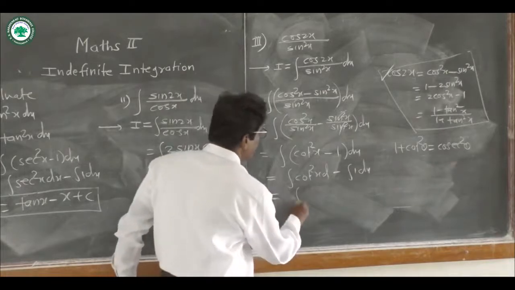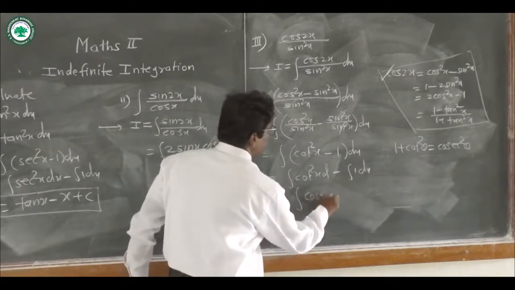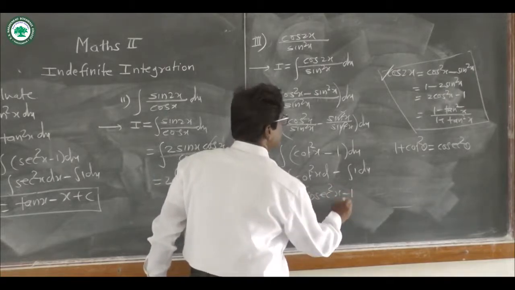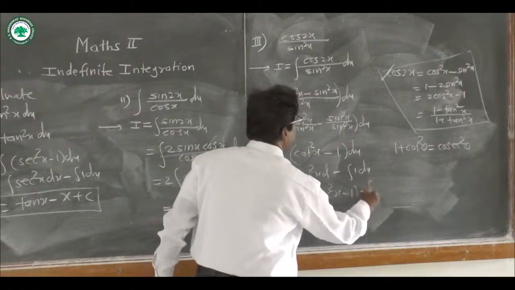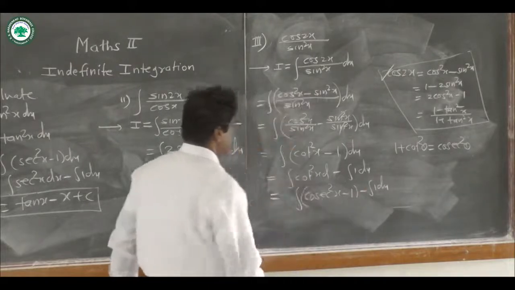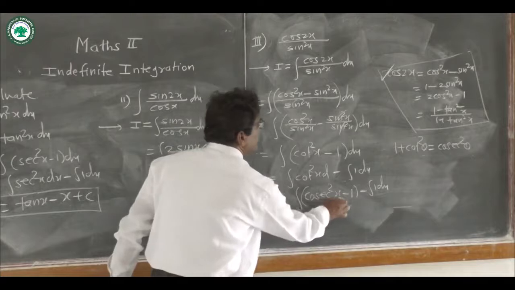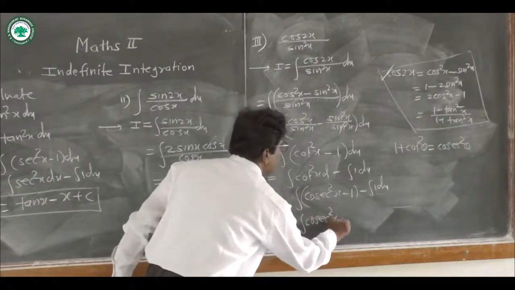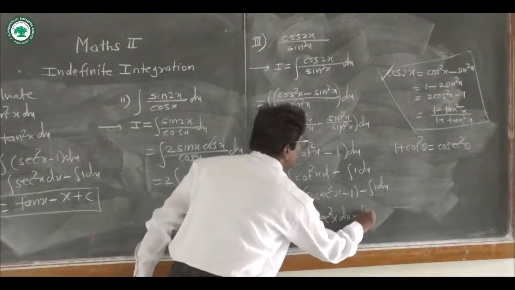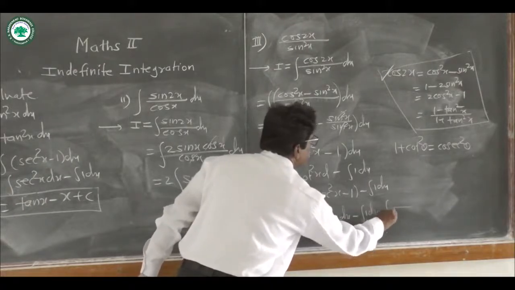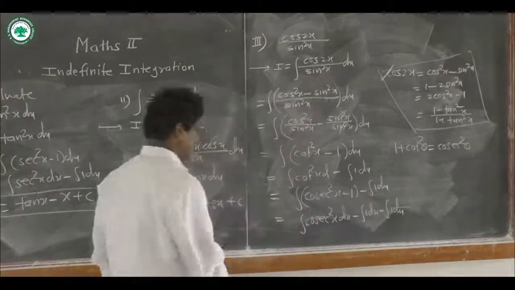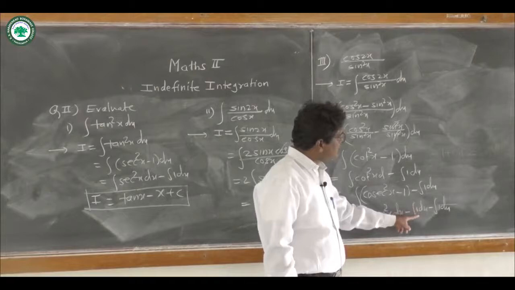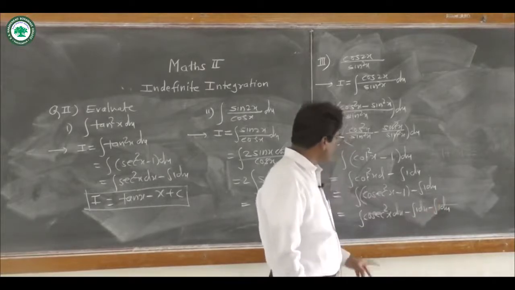So it is equal to integration of cosec square x minus 1 minus integration of 1 dx. Now separate the integration again: integration of cosec square x dx minus integration of 1 dx minus integration of 1 dx.